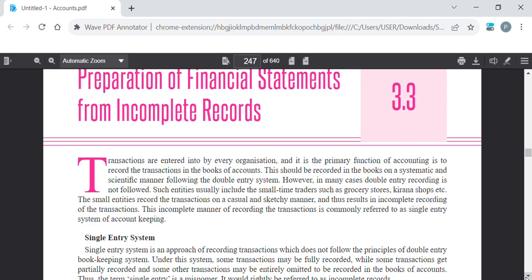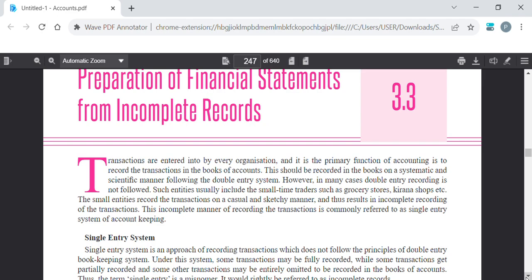Transactions are entered into by every organization, and it is the primary function of accounting to record transactions in the books of accounts.